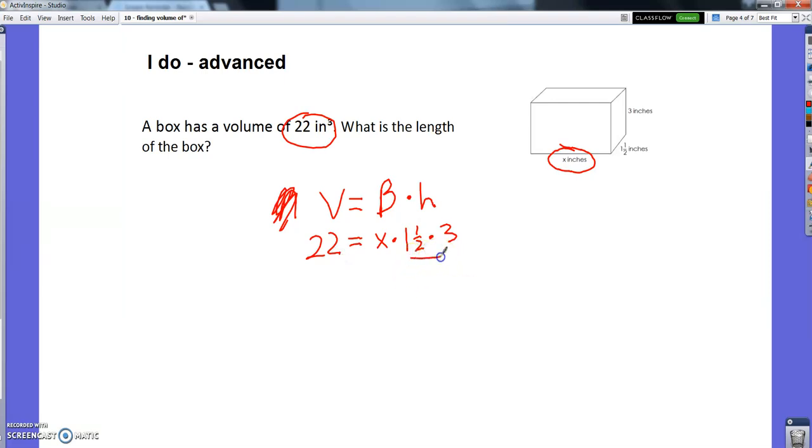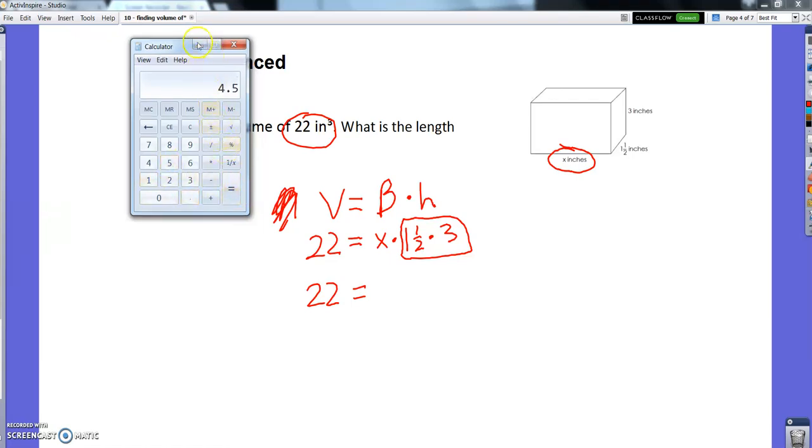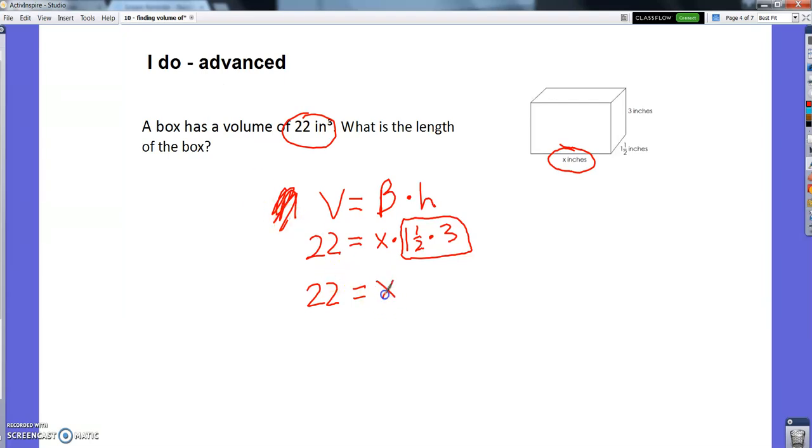And I can multiply those and say, all right, well, 22 is going to equal, that's going to be 3 times 1.5 is 4.5. And so I'm going to say that x times 4.5 equals 22.